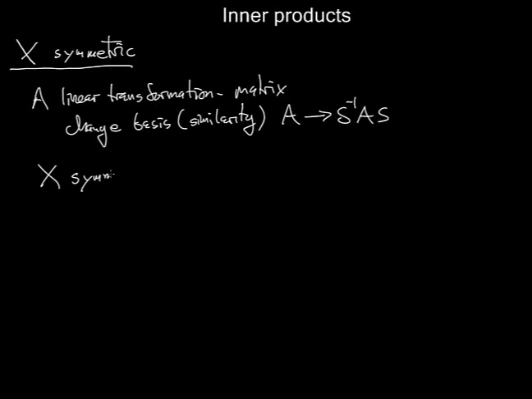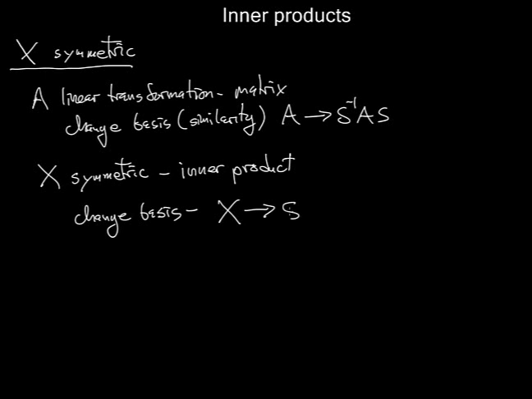Now, what if you're given a symmetric matrix X and you're thinking of that as giving you an inner product? What happens if you change basis now? What happens is the new inner product is given by S transpose XS. That's a different operation.